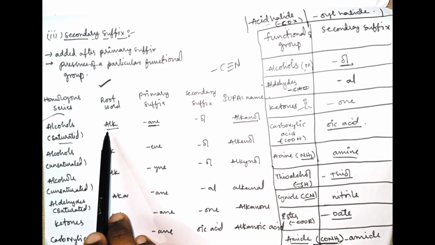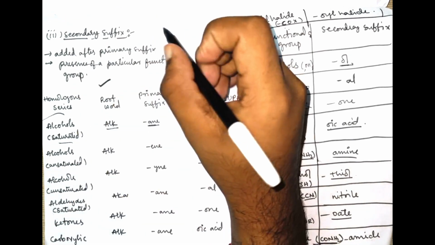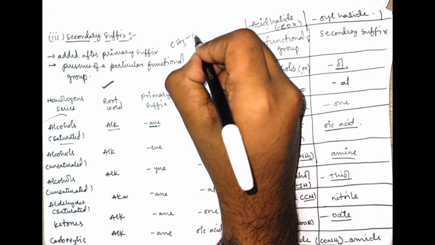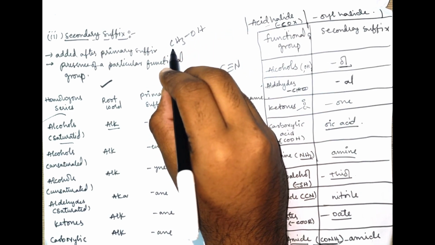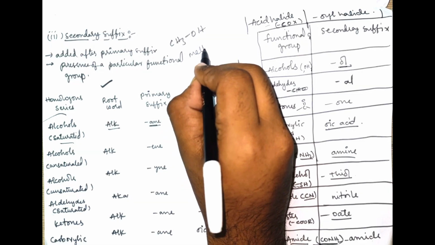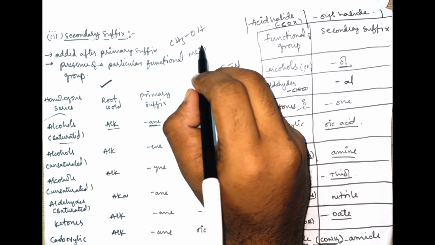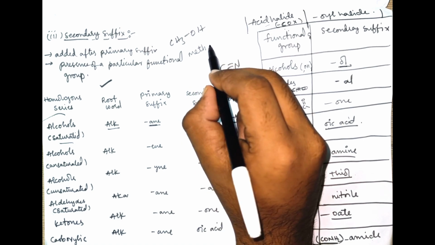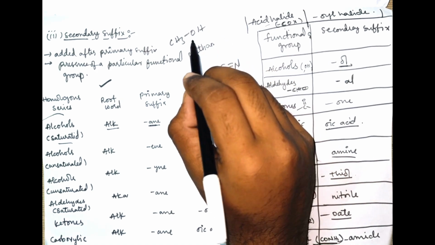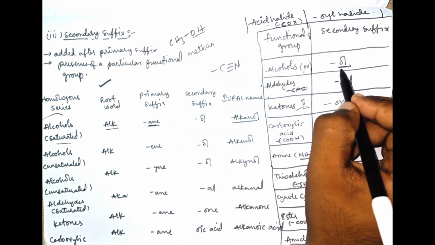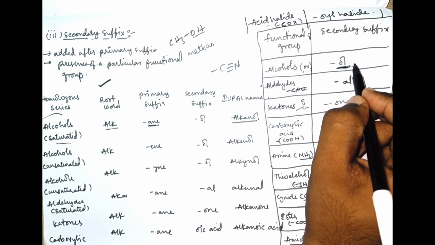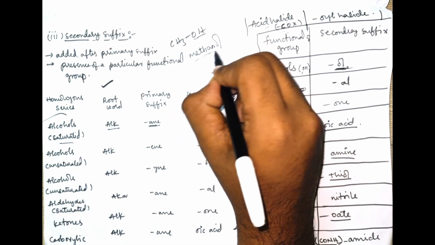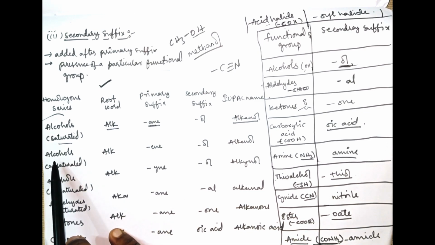Consider CH3OH. One carbon is there, we say it's meth, and there is no unsaturation, and the secondary suffix belonging to alcohol is ol, so methanol. You're getting it in such a manner.